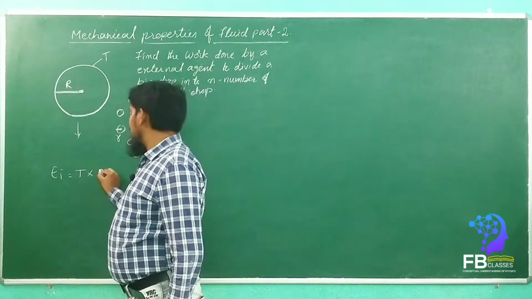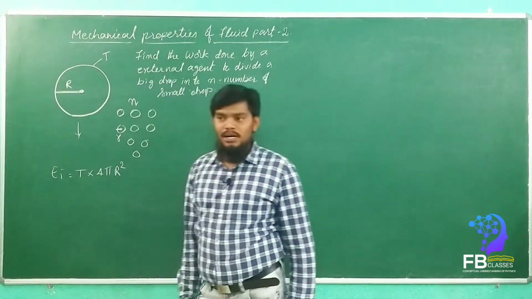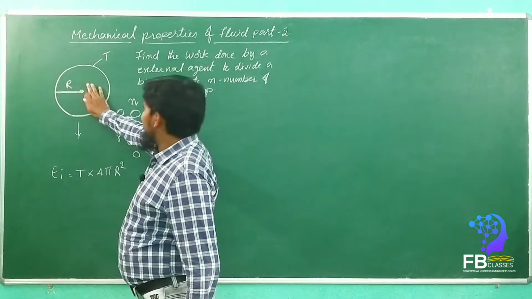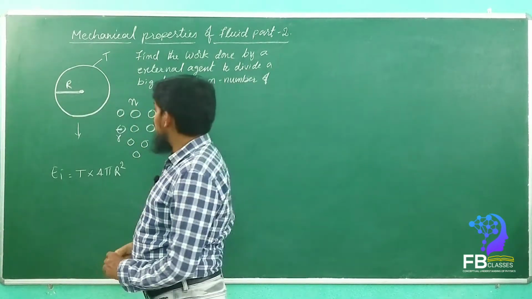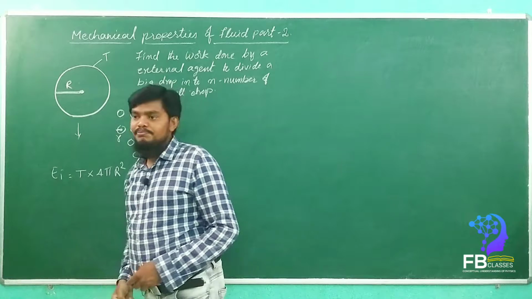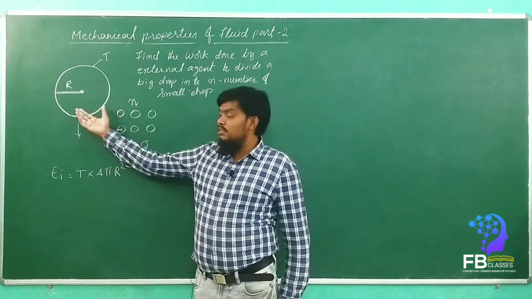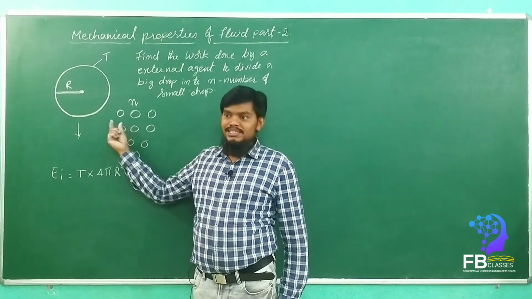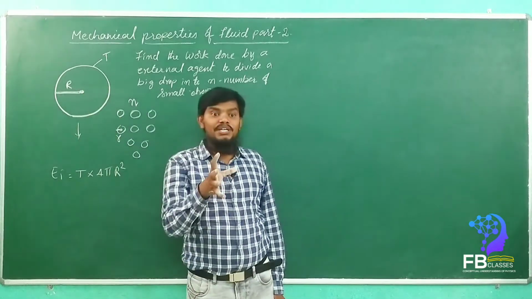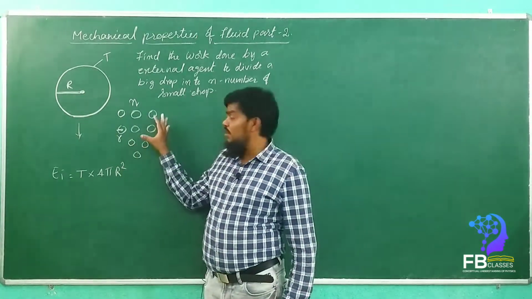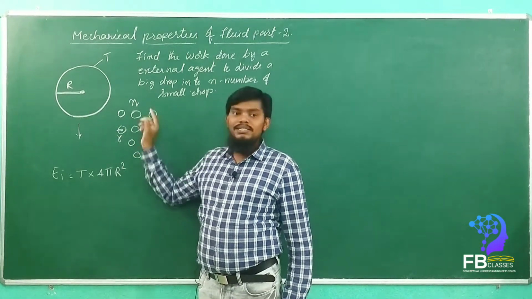What is the area here? 4 pi R square. Now we made n number of drops, so how can we find the small r in terms of capital R? We can find it with the help of volume. The volume will not change; the area changes. Small drops have small areas, the big drop has a big area, but the volume is the same. The volume of the big drop is equal to the volume of the total n small drops.